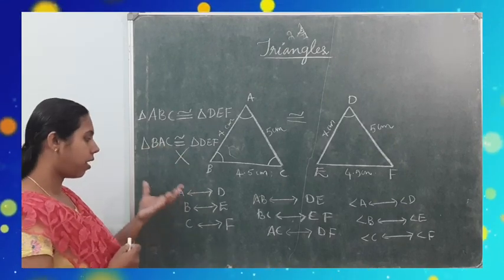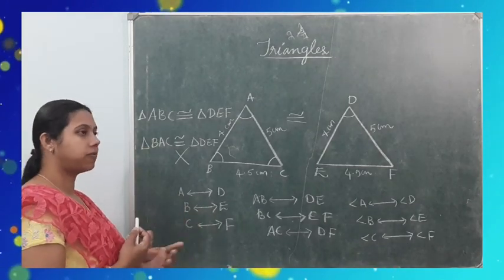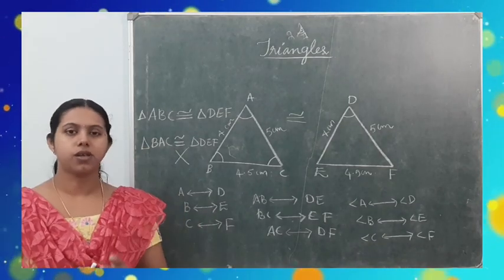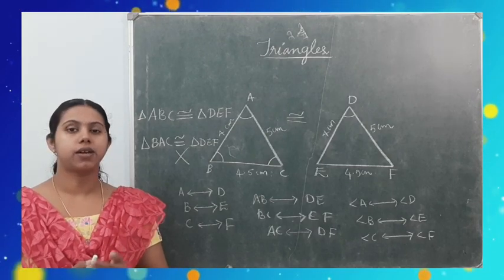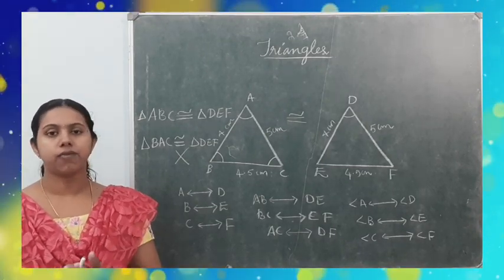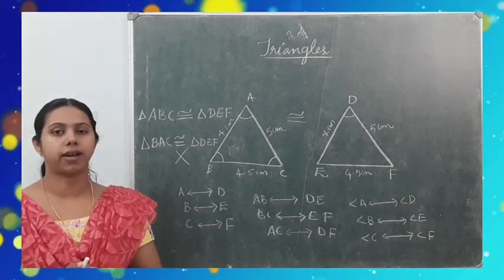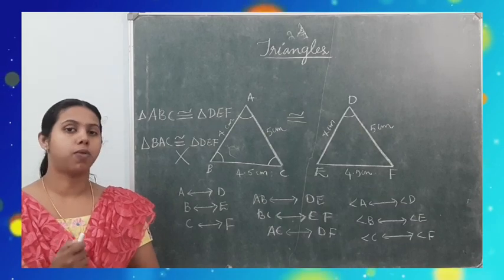So if you write this way, that is wrong. When you are writing the symbolic form, the correspondence of the vertices is important. It is necessary to write the correspondence of vertices correctly for writing congruence of triangles in symbolic form.